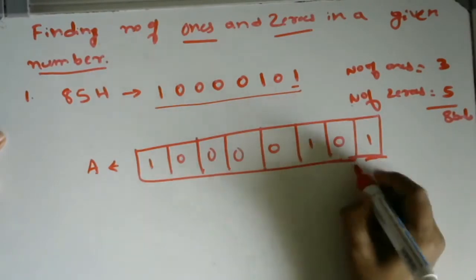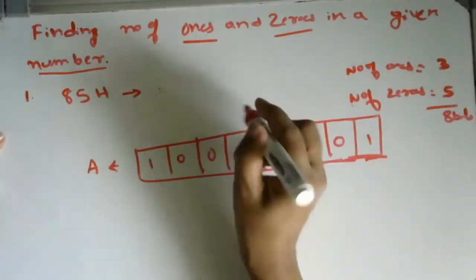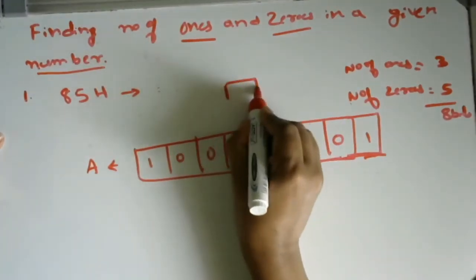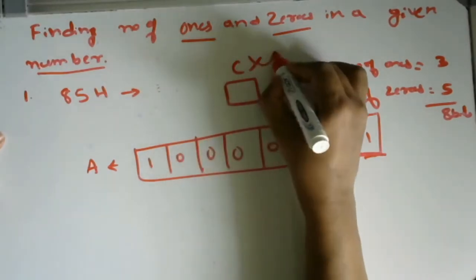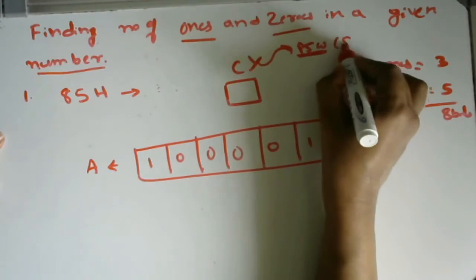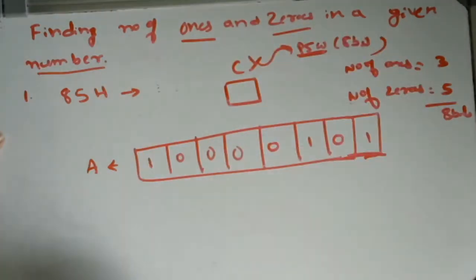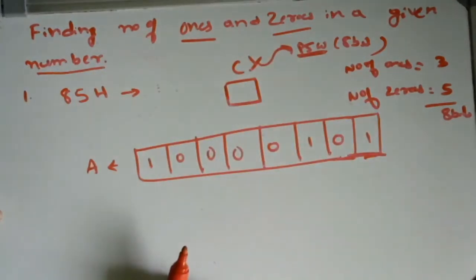Now assume that this is the carry flag, because the carry flag is present in the PSW register, which is an 8-bit register. So the carry bit is a 1-bit flag present in the PSW register.